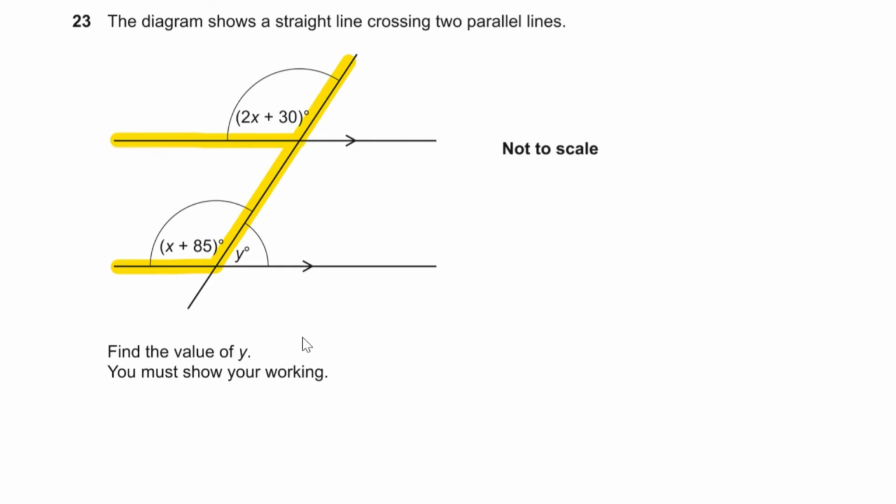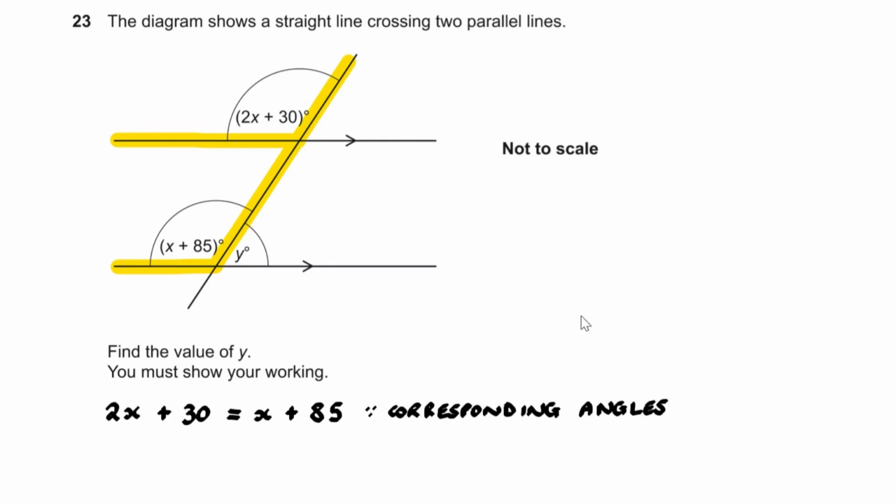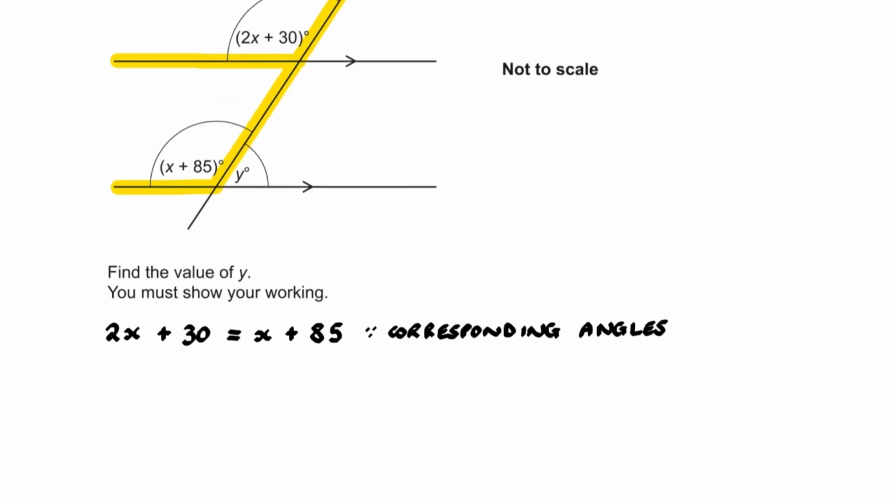Like so. So this angle equals this angle. So we've got 2x plus 30, which is equal to x plus 85. That's because we have corresponding angles.